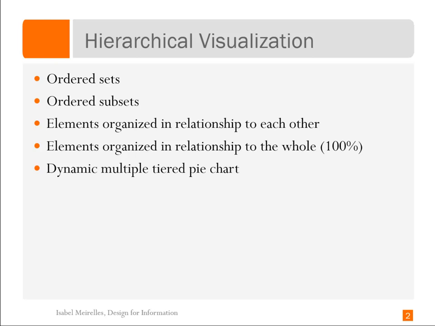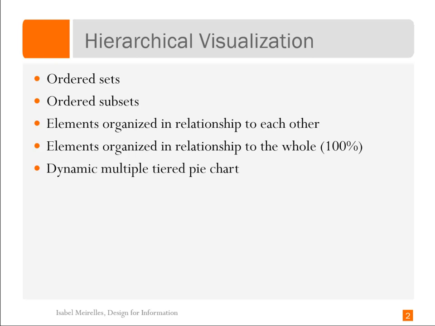The elements or values are organized in relationship to the whole. So just like when we create a pie chart, if there's 3 slices of pie, they have to all add up to 100%. The same thing holds true when we do hierarchical visualization.